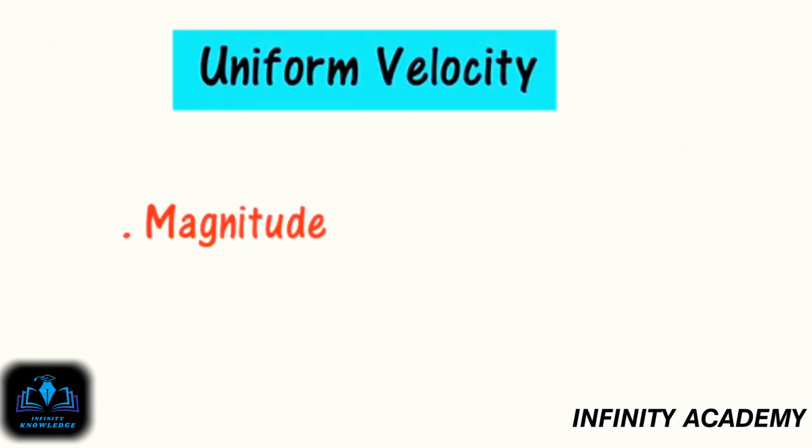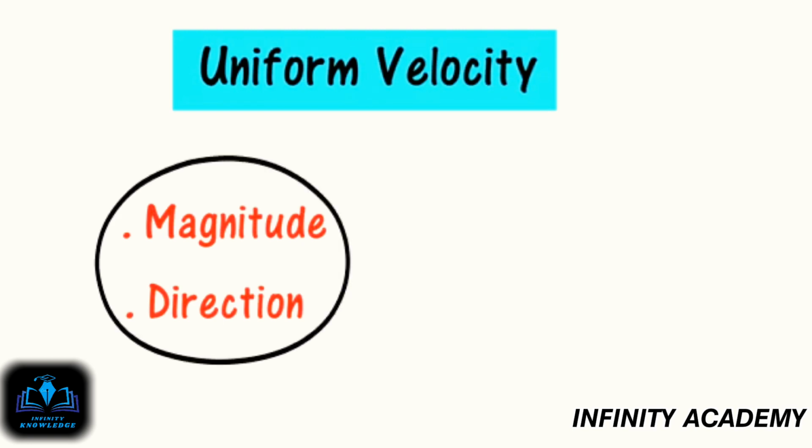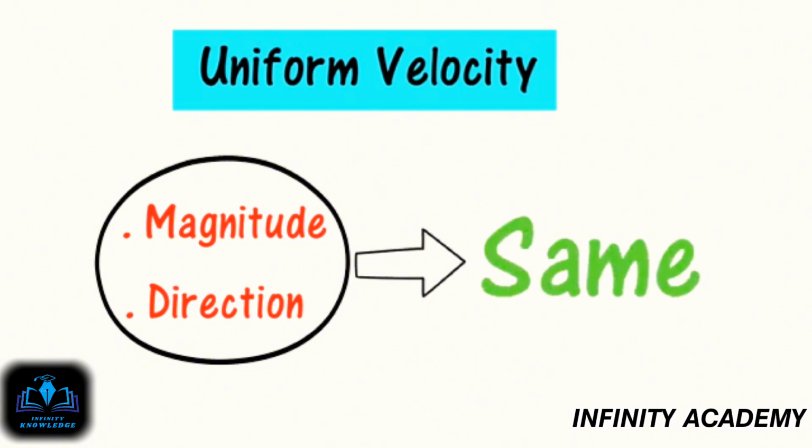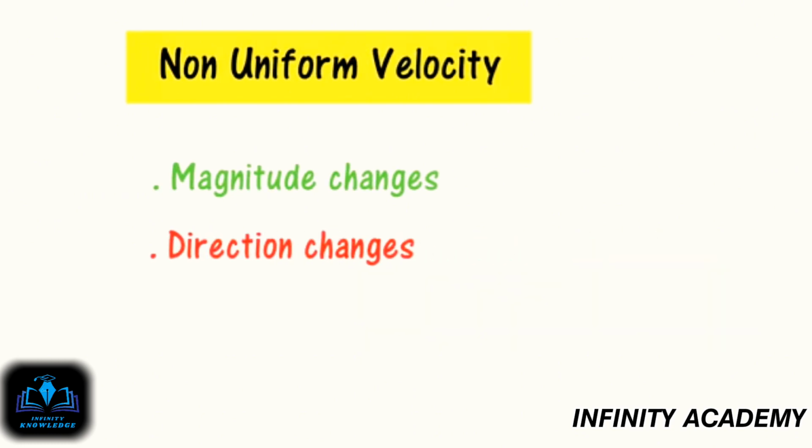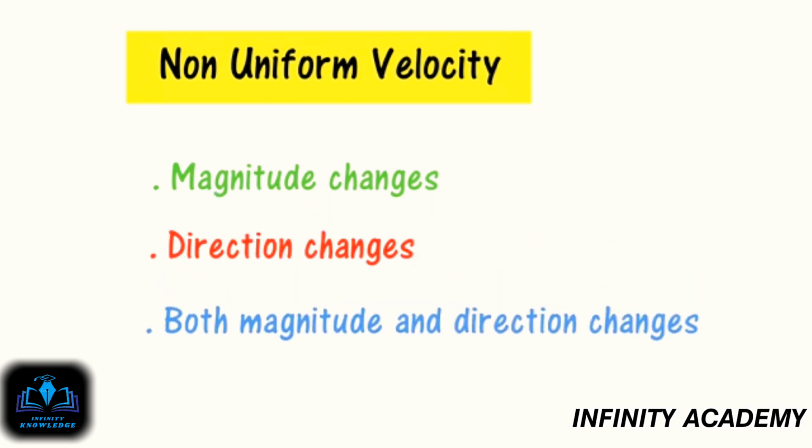Now if I define it, uniform velocity is defined when both magnitude and direction remain the same. And non-uniform velocity is defined as when the magnitude of the velocity changes or the direction of the velocity changes, or if both magnitude and direction of the velocity change, then we say that we have a non-uniform velocity.